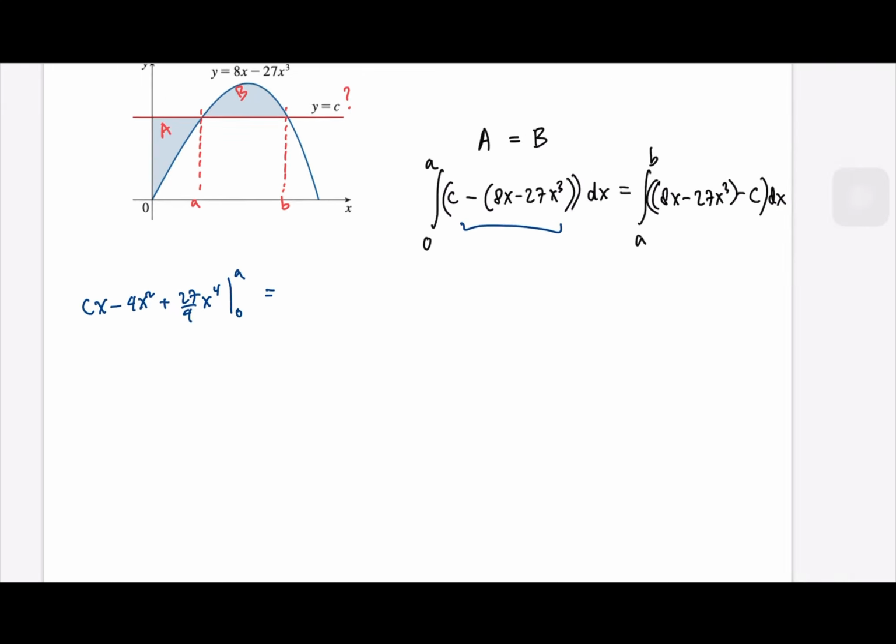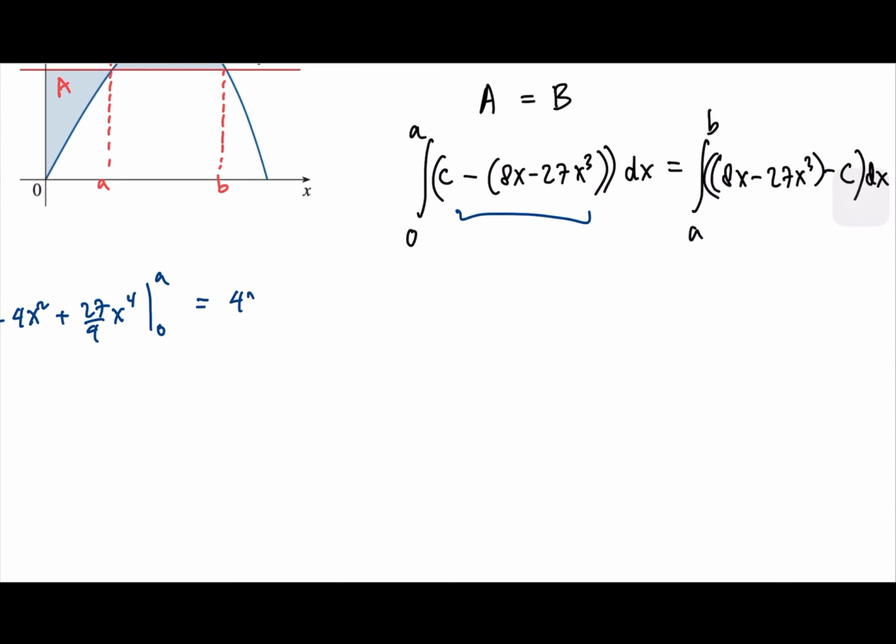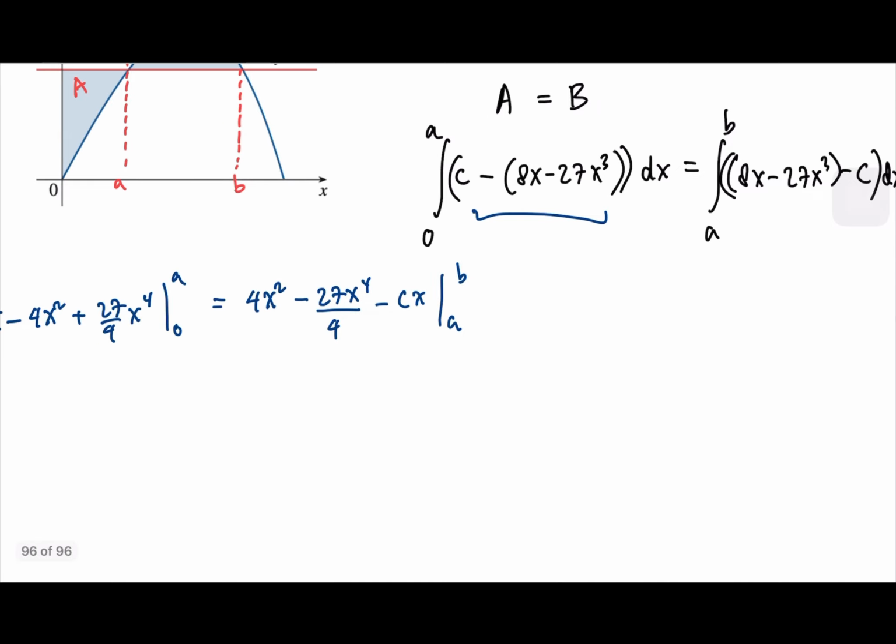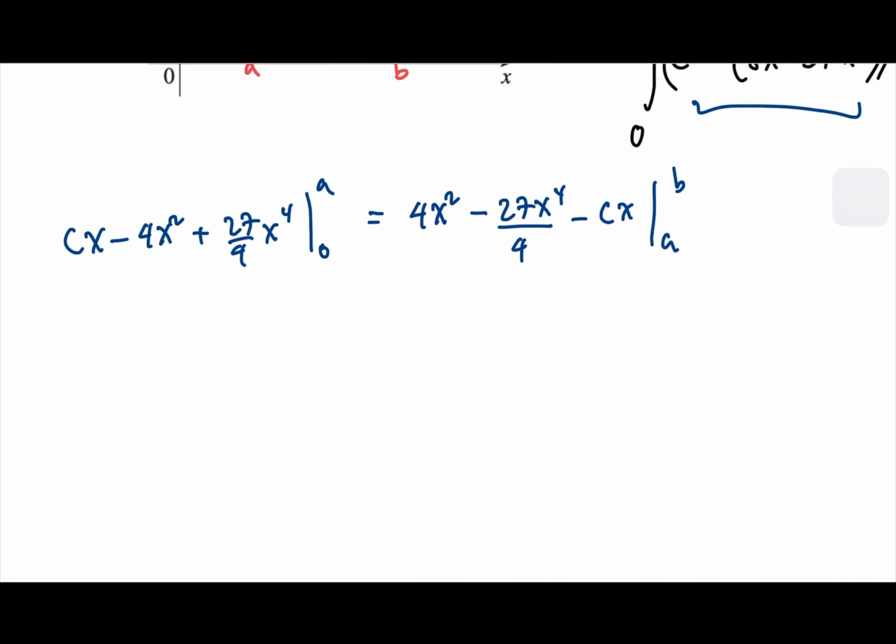And this equals 4x squared minus 27 over 4 x with power of 4, and then minus cx from a to b. Then we can just follow up all the information. So ac minus 4a squared plus 27 over 4 a with power of 4, and the 0 one will be just 0, and this one has 4b squared.